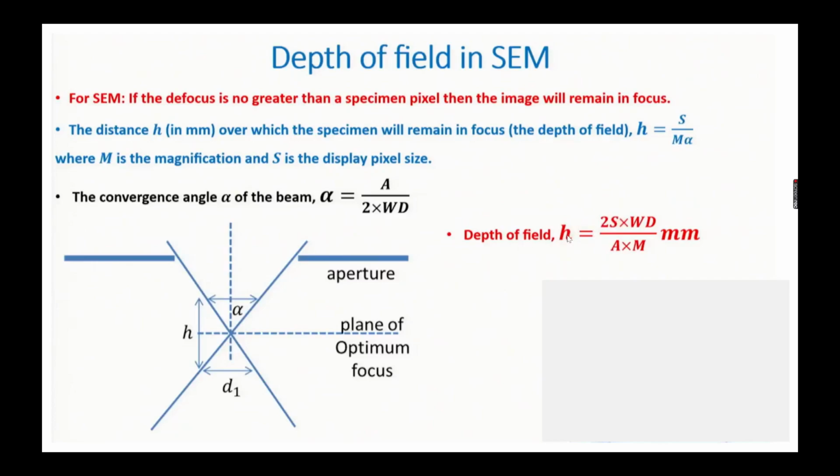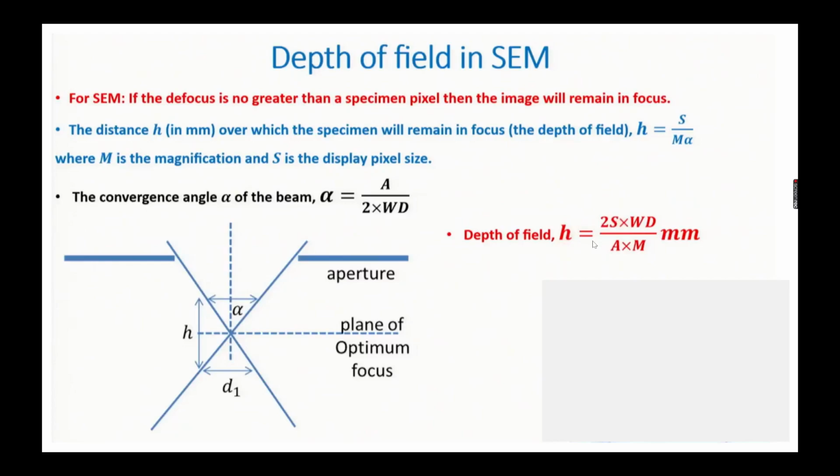Here alpha is given by the aperture upon 2 into WD, which is the working distance. So when you put alpha in here, with alpha equal to A upon 2 WD, h will come around 2S into working distance divided by A into M, in mm.